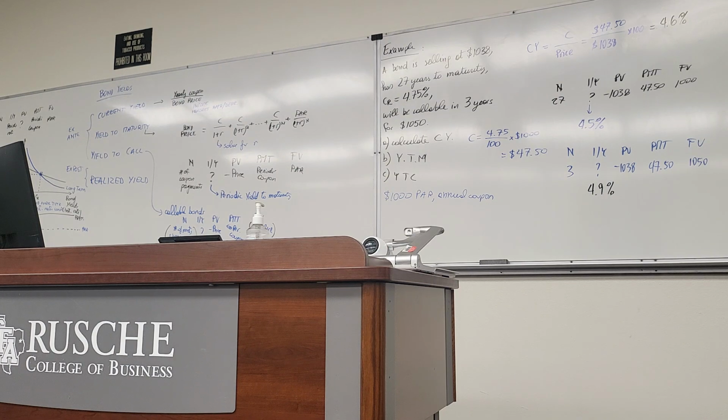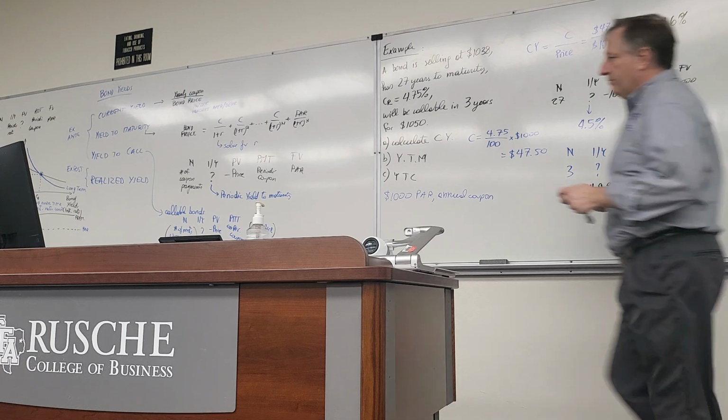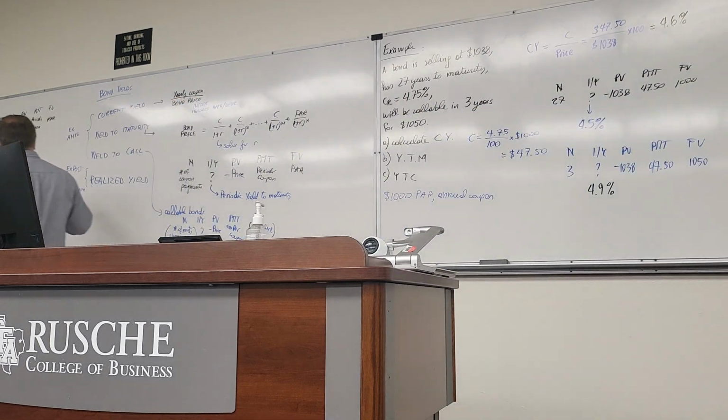So that means that the yield to maturity should be somewhere near here. If the coupon is 4.75, it's definitely not gonna be 2.5%, right? So the answer that we got is totally unreasonable for this type of bond.